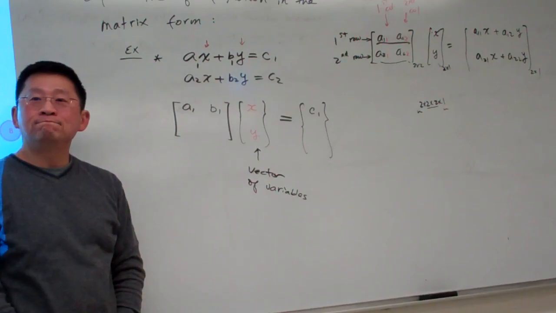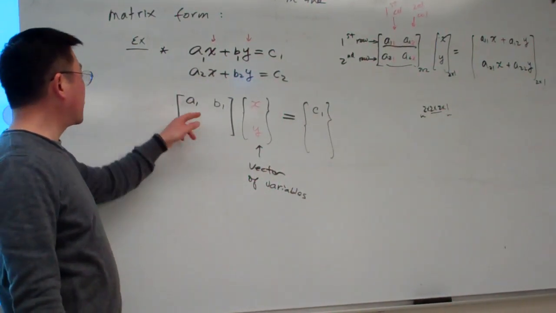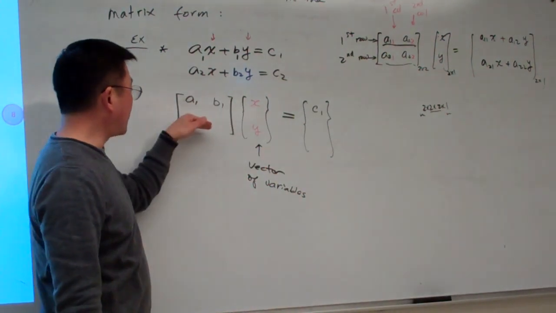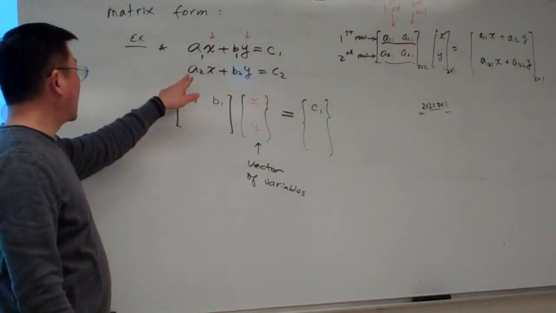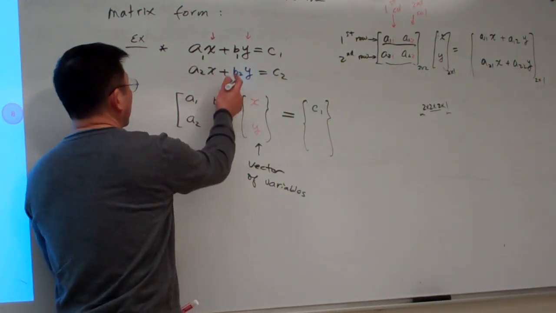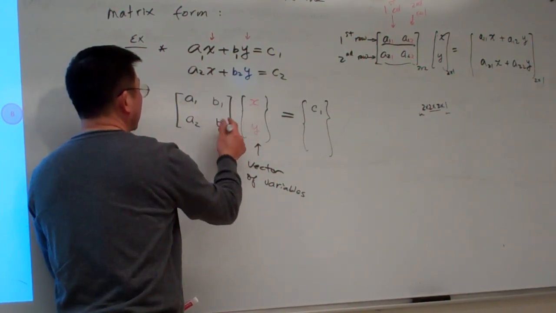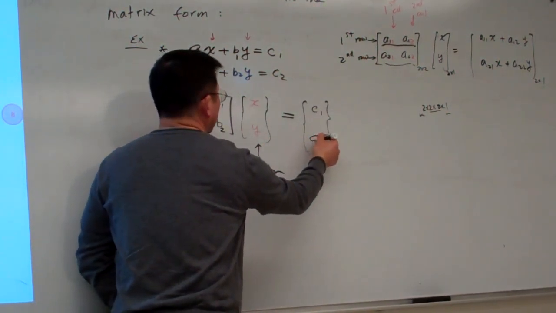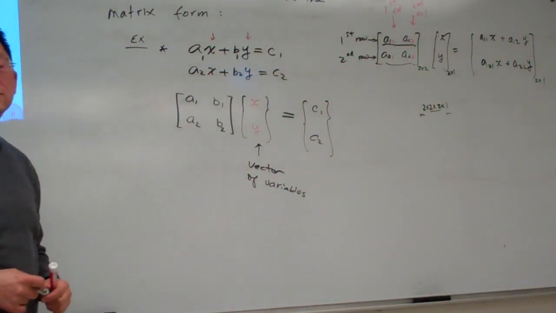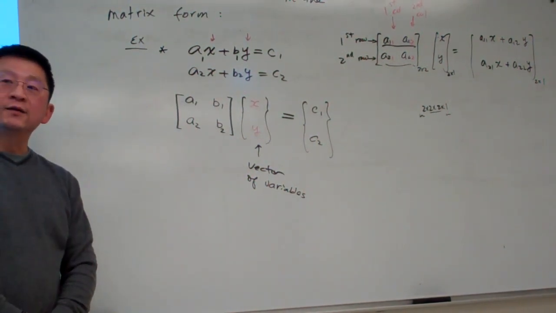Okay? Try to get used to it. And the second equation, represented by the second row operations, a2 multiplied with x, plus b2 multiplied with y, equal to c2. Be good? You need to pick up this one, okay?